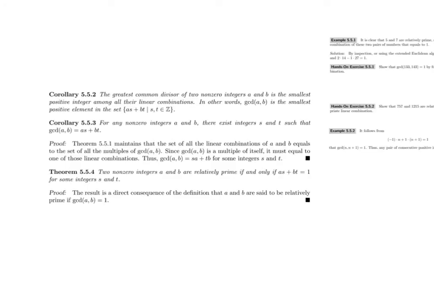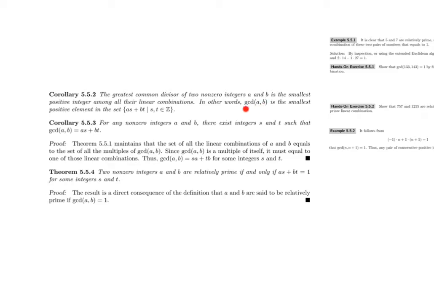Again, the most important fact here is to associate the greatest common divisor of two integers with some linear combination of those two integers. This is what we did with the Euclidean algorithm and reversing the Euclidean algorithm to get those Bezout coefficients.